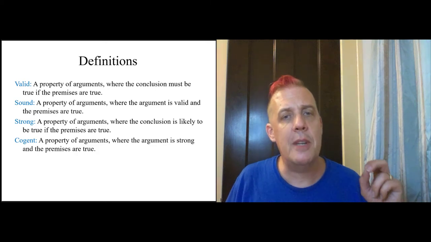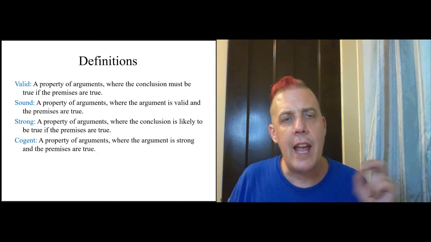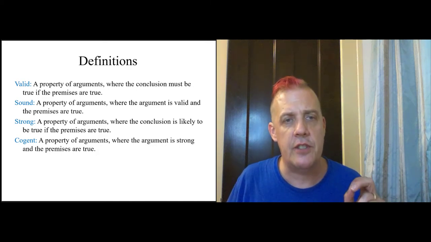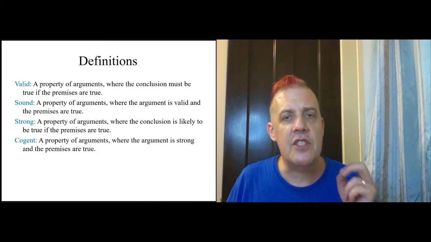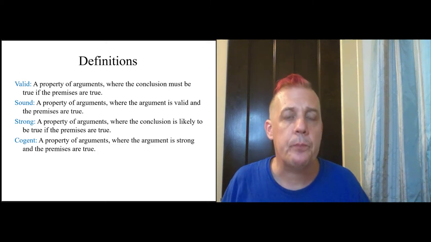So we say that an argument is valid if the conclusion must be true when the premises are true. We add to that the idea of soundness, and we say that an argument is sound if it is valid and it has true premises.